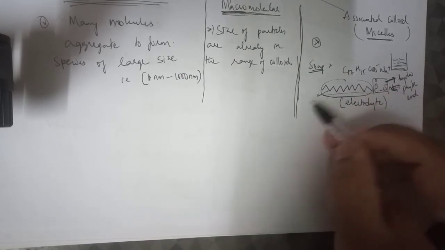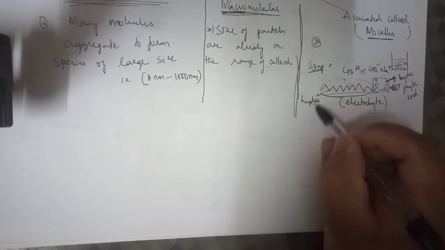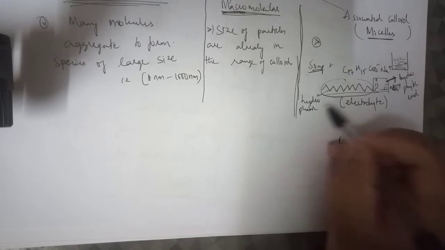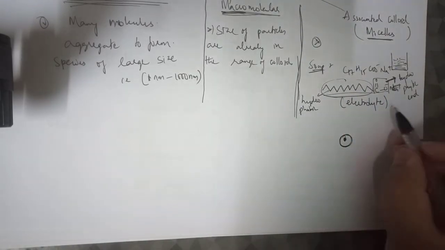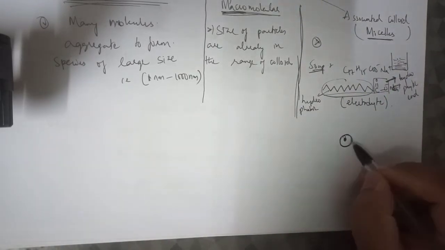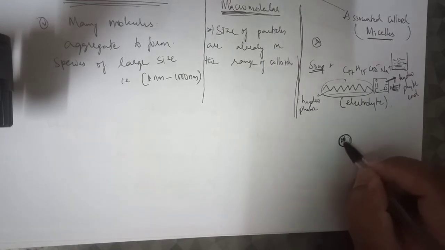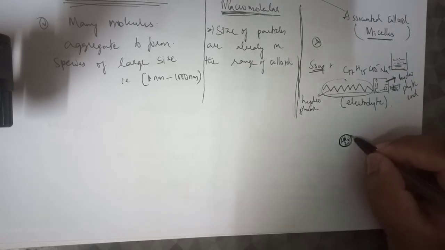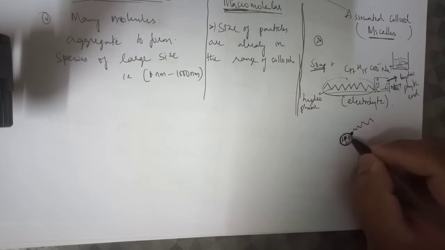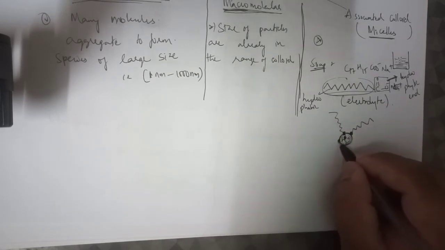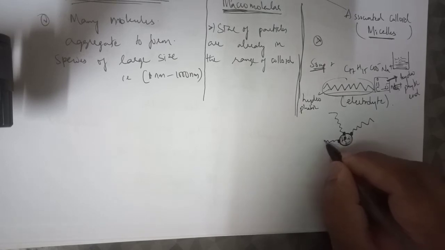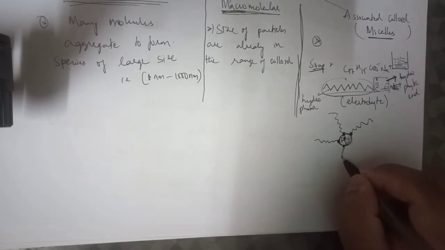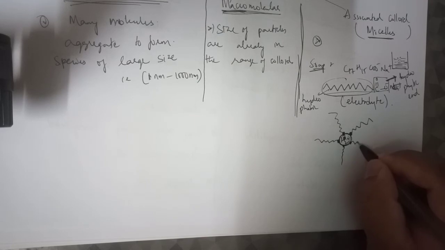The tail part is called the hydrophobic end. Hydro refers to water, so water loving, water hating. So if this is my water droplet, all the philic ends come and attach like this. The head part is somewhere here and it is like this. I hope you are understanding what I am trying to say.